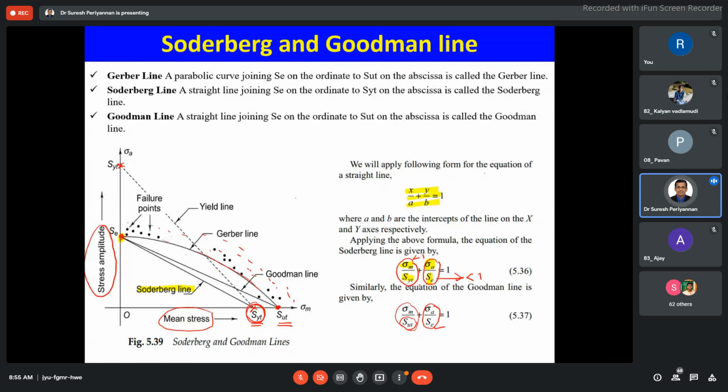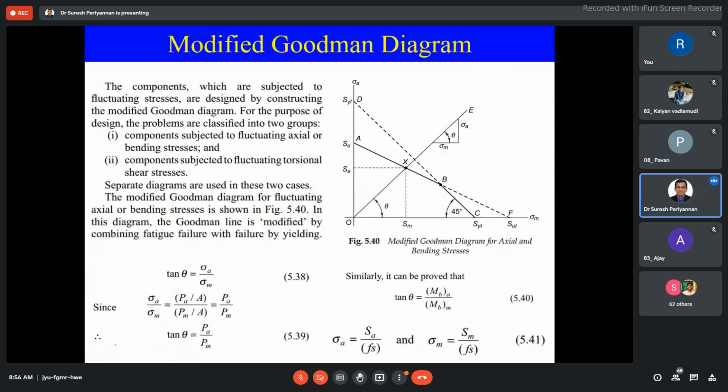Then how do we eliminate the unnecessary regions here? We will discuss that in the modified Goodman theory. The components which are subjected to fluctuations are designed using the modified Goodman theory, and the design problems are classified into two groups.